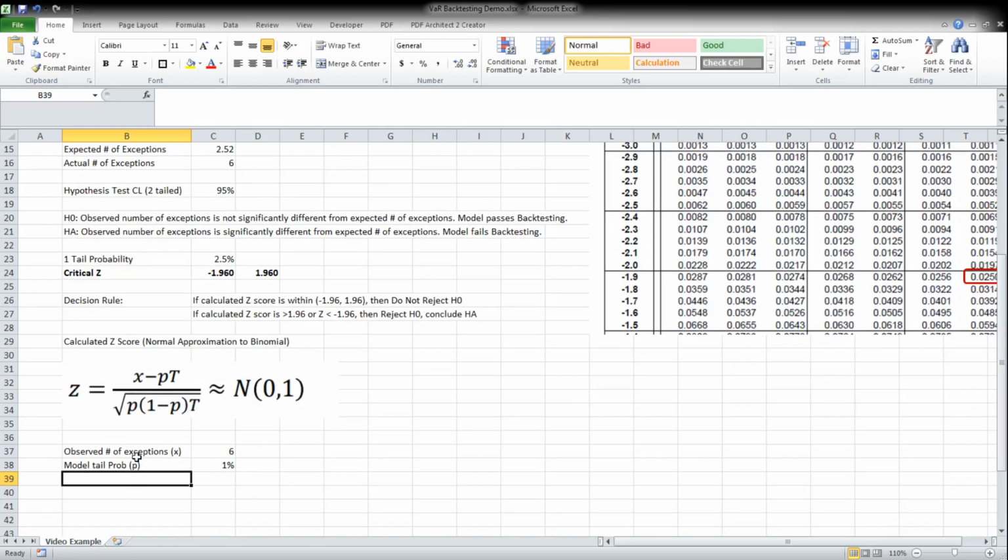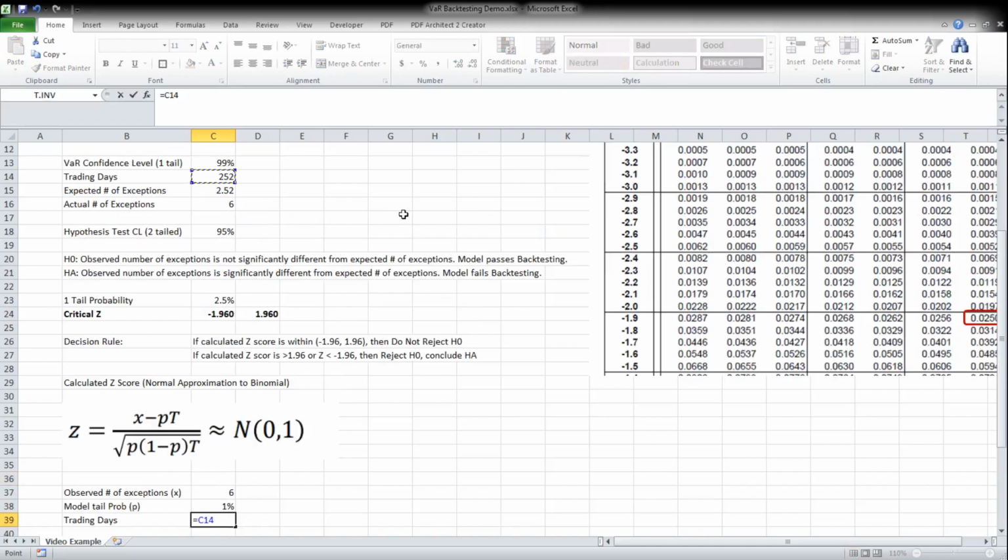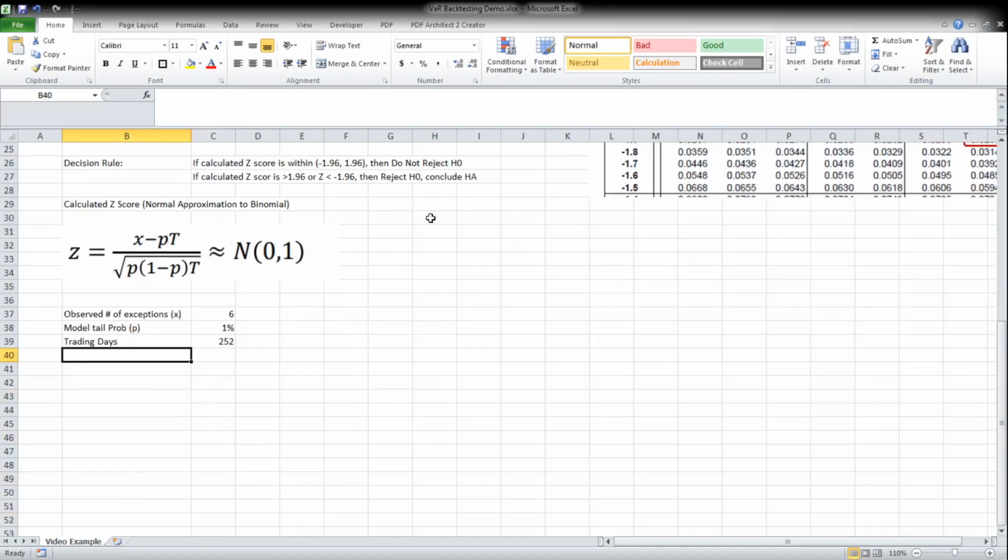Uppercase T is the number of trading days, and that was given as 252 trading days. We should have everything to calculate our z-score here. So the numerator and the denominator will have the inputs from these three values.